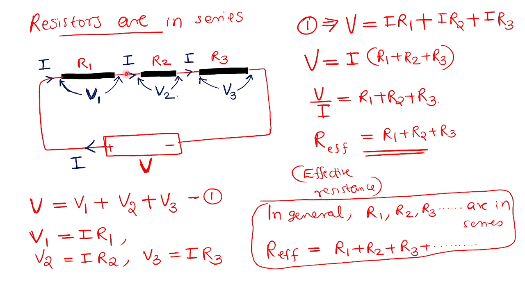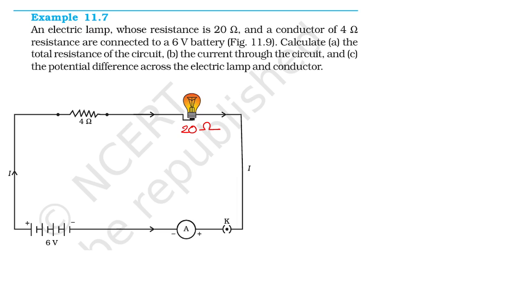The total resistance faced by the current will be R1 plus R2 plus R3, etc. Here there are only two resistors, this one and this one, no other resistors. The total resistance is also called effective resistance. Let me denote them by R1 and R2. You have to write all the important steps. 4 plus 20. The unit is ohm. This Greek symbol is used.